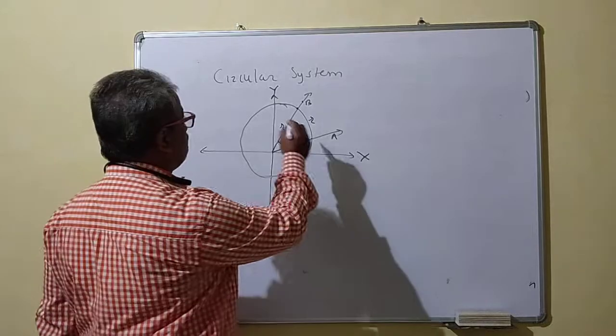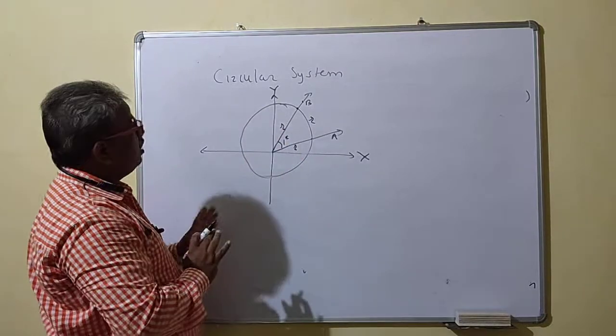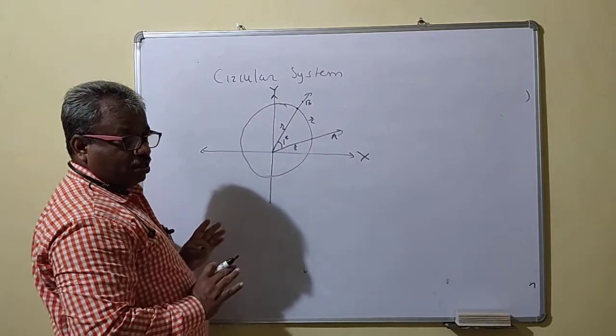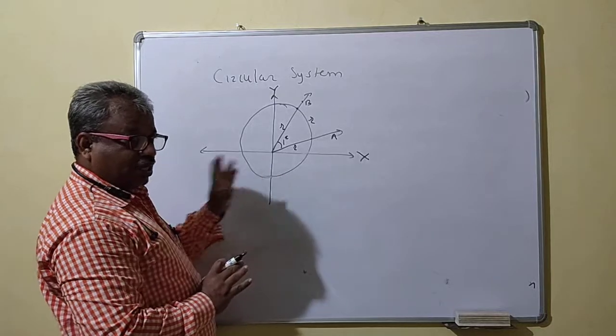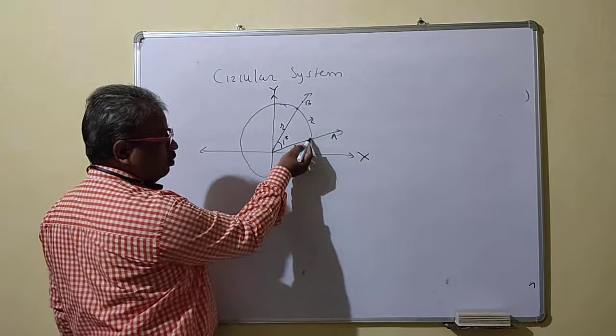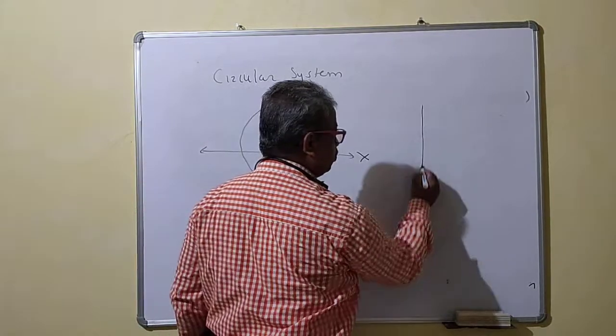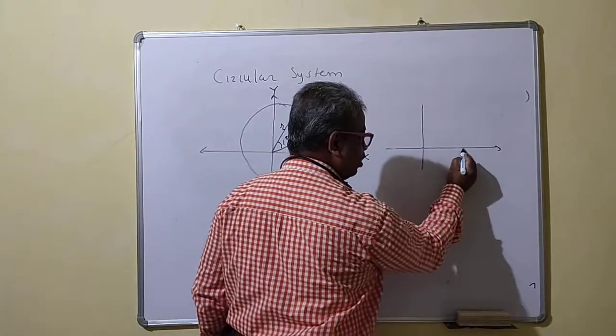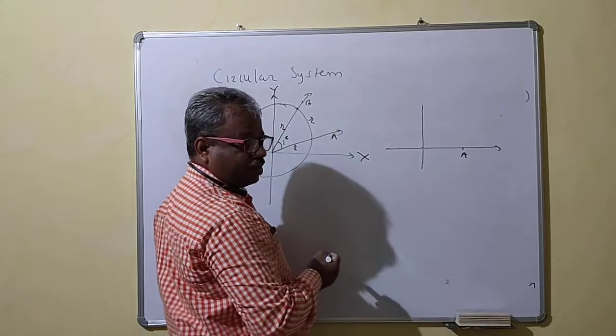The important thing is, what is the relation between degree measurement and radian measurement? Now see, this is R. Suppose you are initially at this point.